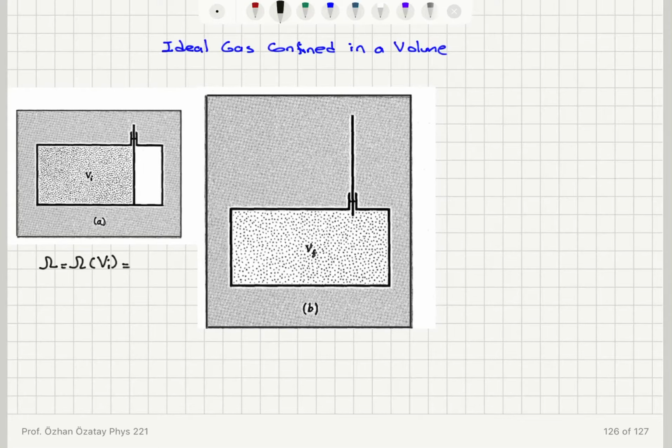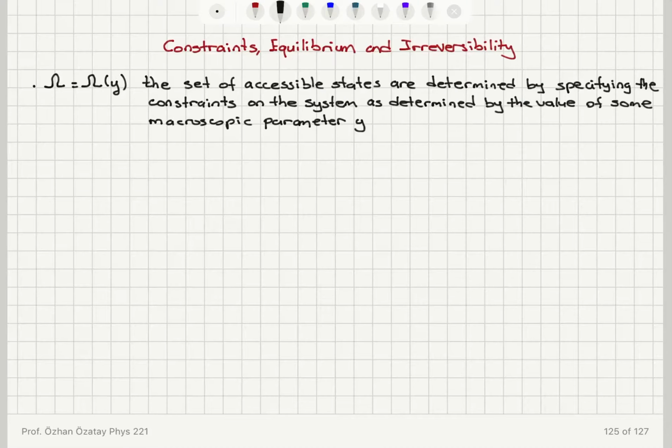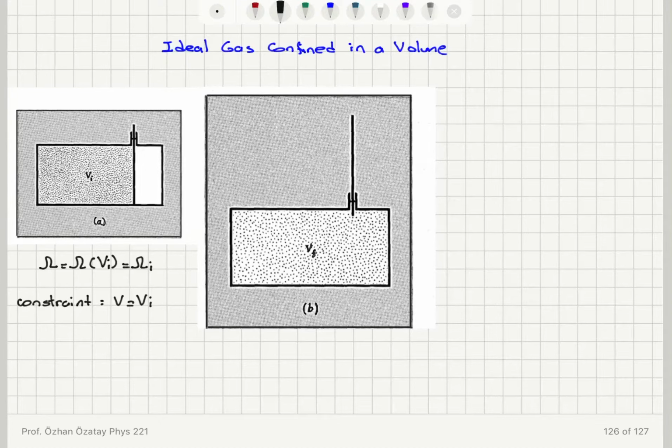So in the first configuration, when the volume is constrained to be V initial, I have the number of accessible states omega initial. So the constraint on the system is V must be equal to V initial. This is the macroscopic parameter y that I'm talking about. By specifying the value of this macroscopic parameter y, which is volume in this case, we determine the number of accessible states to the system.